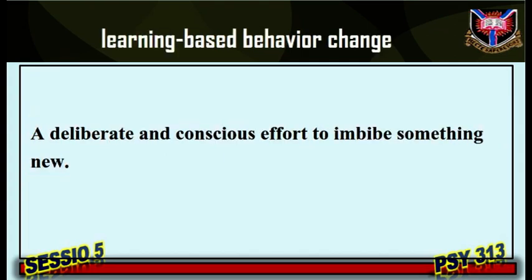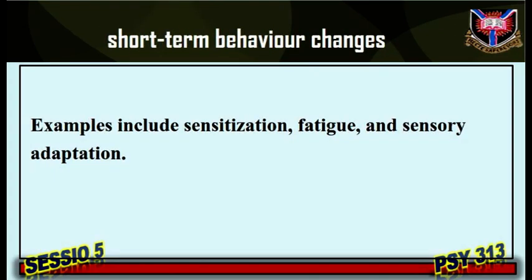This definition distinguishes learning-based behavior change, which is a deliberate and conscious effort to imbibe something new, from short-term behavior changes such as sensitization, fatigue, and sensory adaptation. Consequently, only changes that have long-lasting effects and are a result of deliberate effort can be referred to as learning.